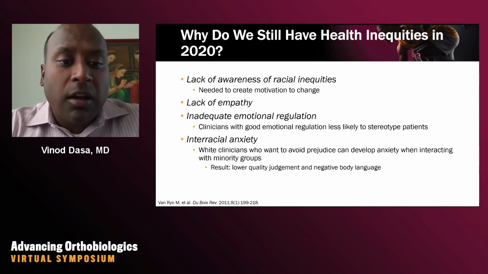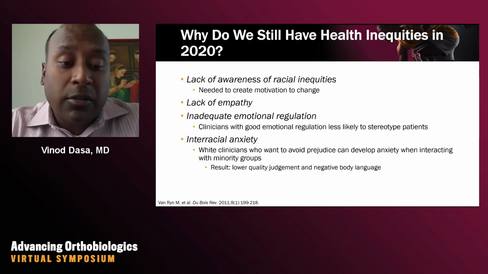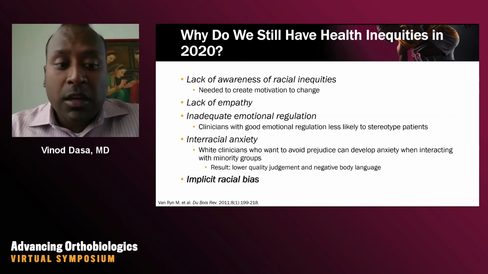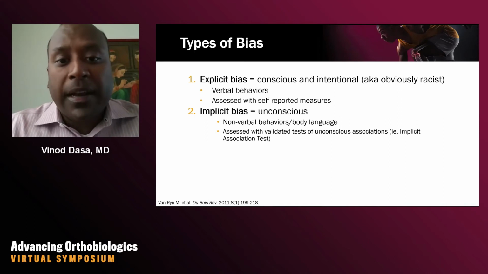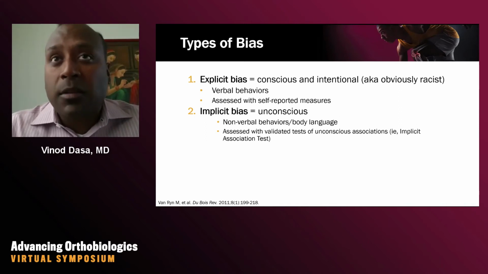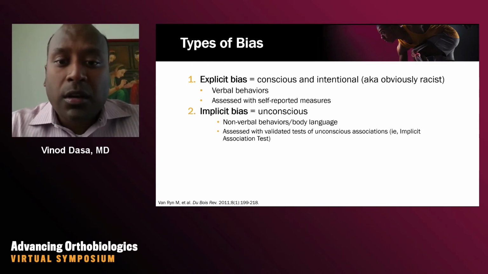Inadequate emotional regulation. Clinicians with good emotional regulation are less likely to stereotype patients. And then interracial anxiety. White clinicians who want to avoid prejudice can develop anxiety when interacting with minority groups, which results in lower quality judgment and negative body language, which then leads to this concept of implicit racial bias. And so the 2 types of bias are explicit bias, which is what you'd expect from someone who's overtly racist that you see on the news or that we've become accustomed to over the decades.